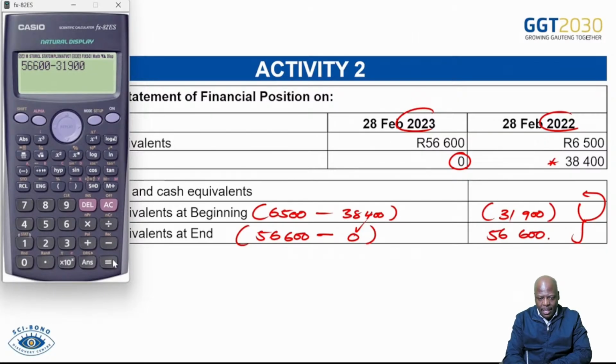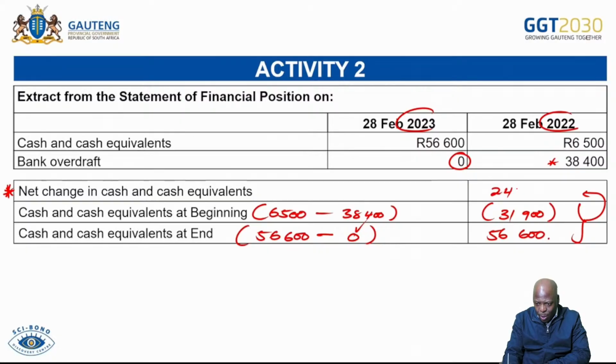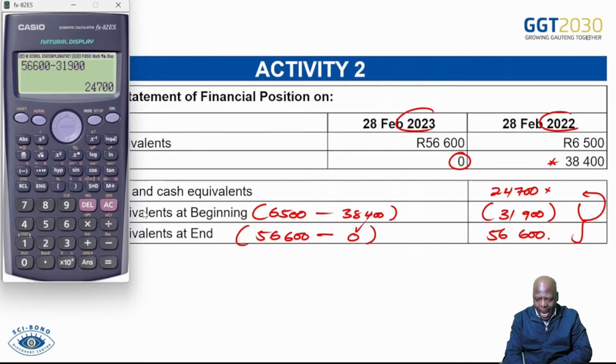No. If I say minus 31.9, it's going to give you a figure like 24,700, and I want to prove to you why it is wrong. You can't prove that 24.7 going down. If you go down, you say 24.7 minus 31.9. Is it going to give you 56.6? It won't.